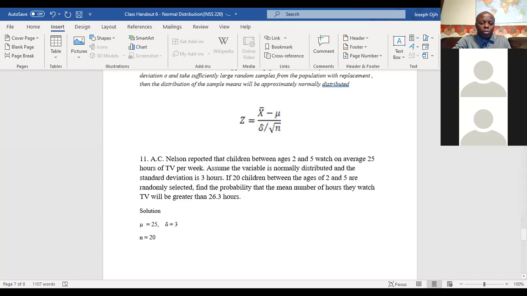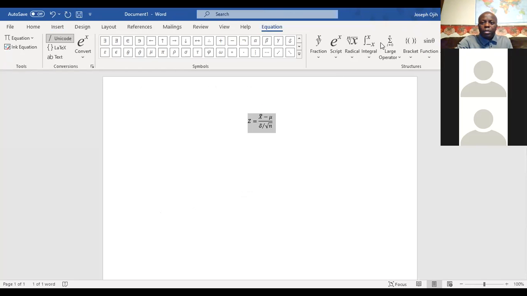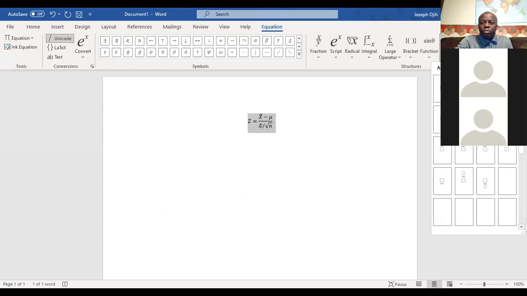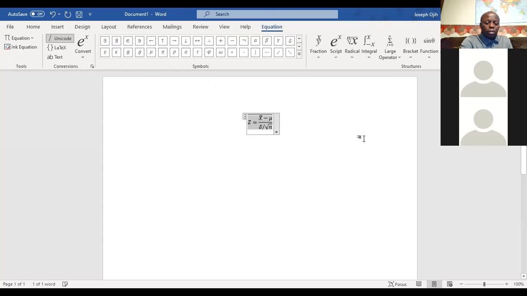So how we put it, let me go back and get it from the formula: the sample mean X bar is 26.3, I believe. Now I'm going to copy this and put it right here.